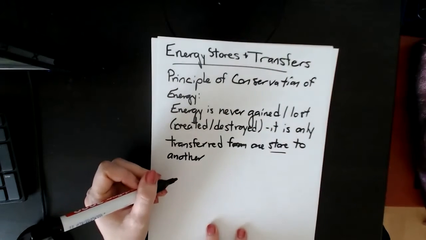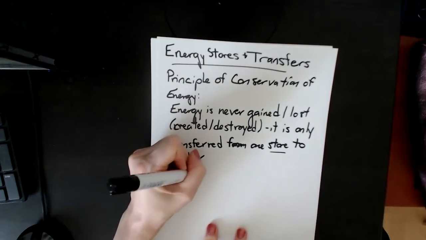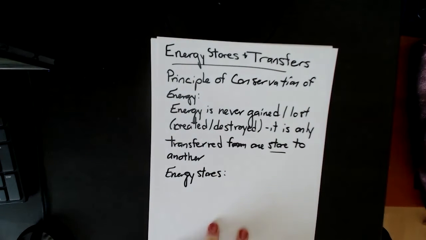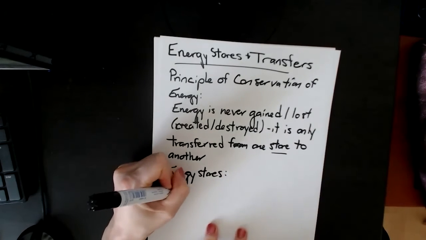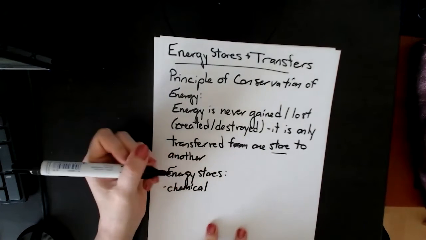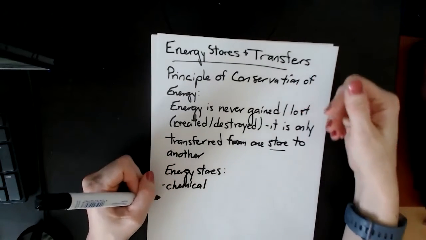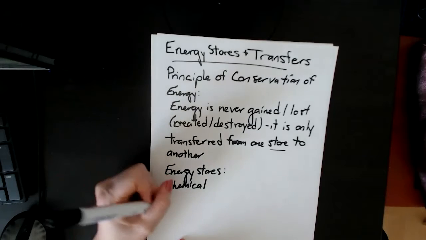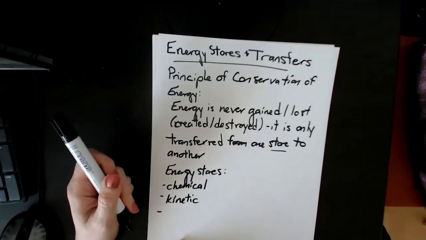So then let's talk about what the different energy stores are. Energy stores can come in many different forms. They can be chemical. This is the idea of energy in food or within molecules, right? There's energy stored within the chemical bonds that hold those molecules and elements together. There's kinetic energy, which is the energy of movement.